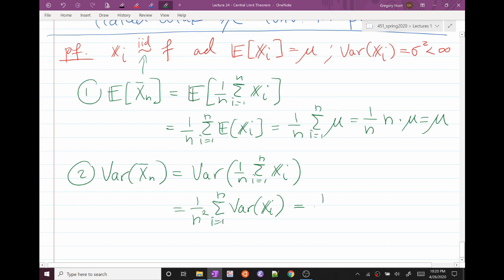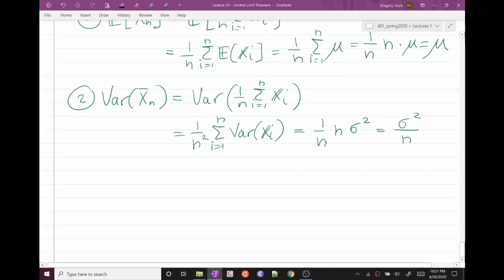All of these have the same variance sigma squared, so I just get n sigma squared, and so we get sigma squared over n. So the expectation of x bar is mu, and the variance is the variance of each individually divided by n.